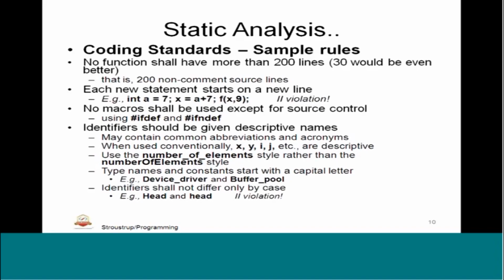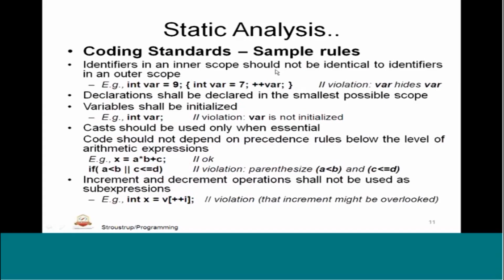Some more rules we will go through. Identifiers in an inner scope should not be identical to identifiers in an outer scope. For example, we cannot define an inner scope variable with the same name, like where.